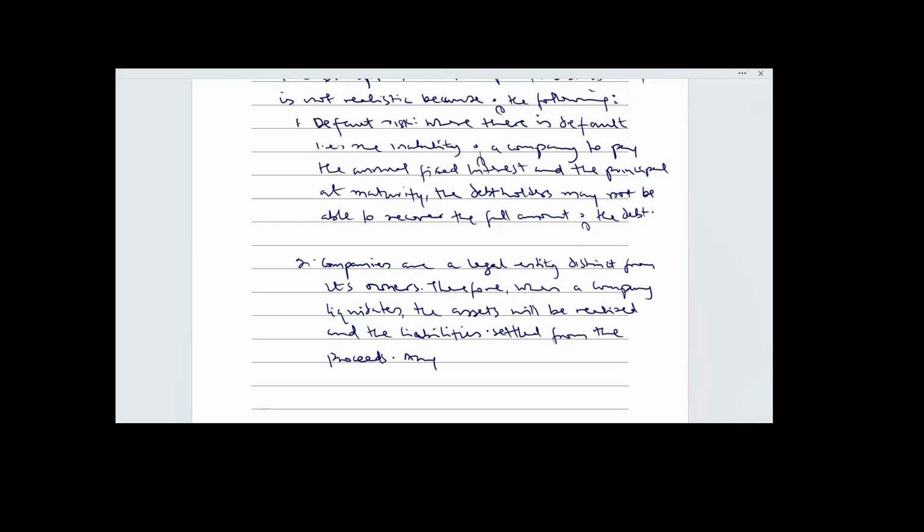Any balance of the debts that cannot be covered with the proceeds will be lost.